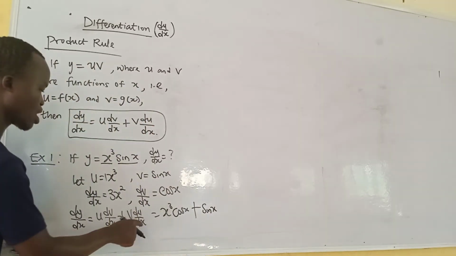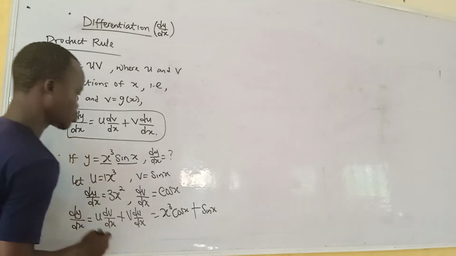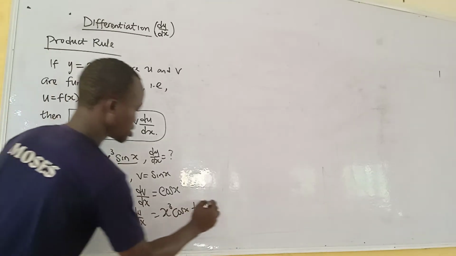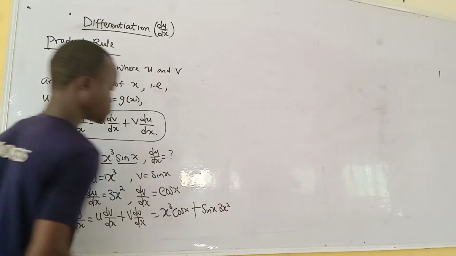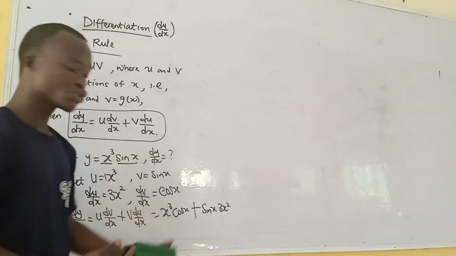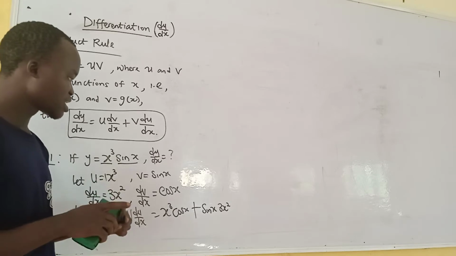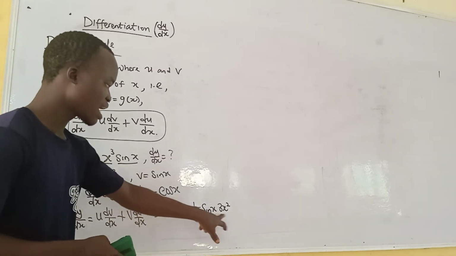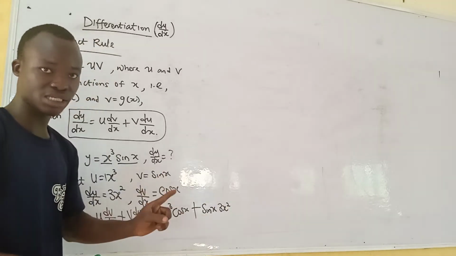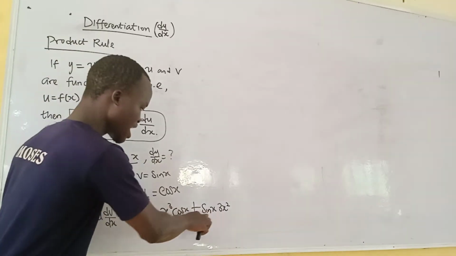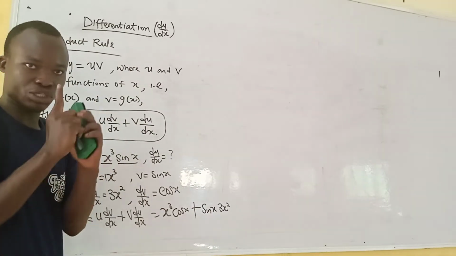And what is our du dx? du dx is 3x squared. What you just need now is to simplify, and that's all. But don't make the mistake of multiplying x and 3x squared. Don't make that mistake. Sine x is one standing on its own.